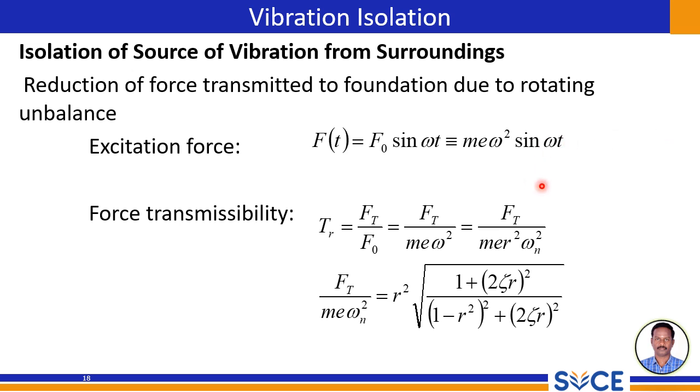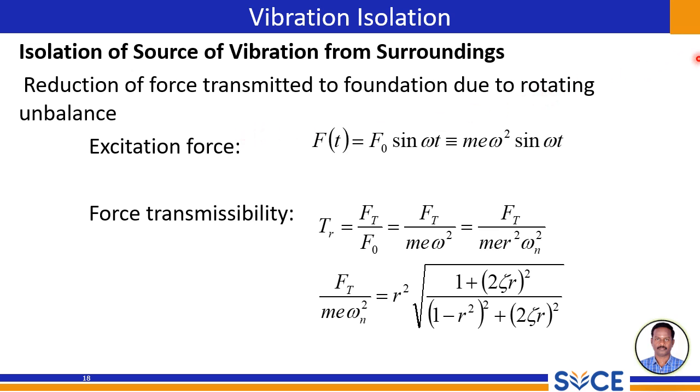Now let's look at the specific case of isolating a vibrating source from its surroundings when the vibration is caused by rotating unbalance. Here we are presenting the relevant equations for force transmissibility for this scenario. That is, isolation of the source of vibration from surroundings and reduction of force transmitted to the foundation due to rotating unbalance.